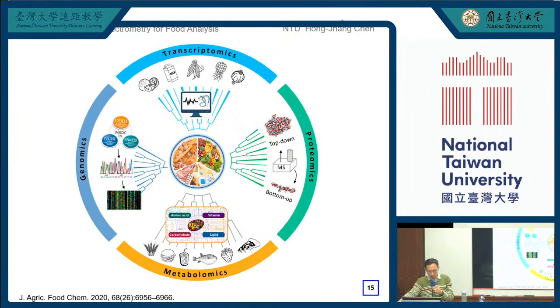Furthermore, MS can monitor a variety of chemical reactions occurring during food storage and processing, such as oxidation, aging, rancidity, and so on. MS also provides capability for food traceability and adulteration detection. So I will briefly introduce some cases of the application of MS in this course.